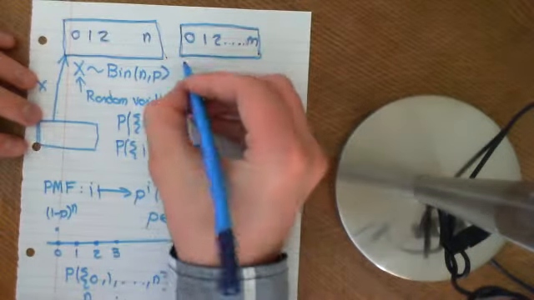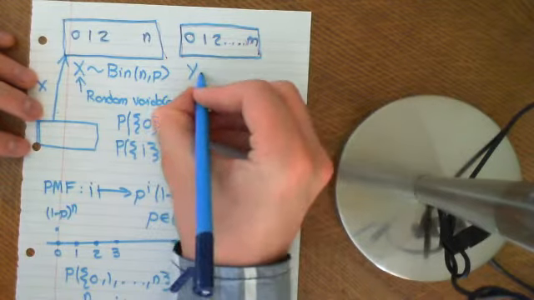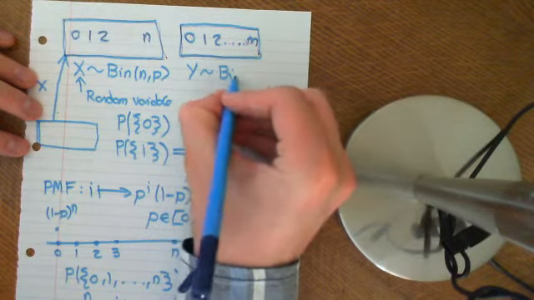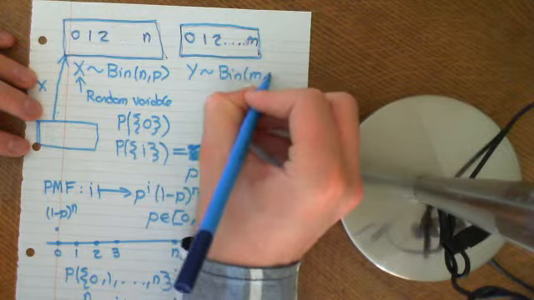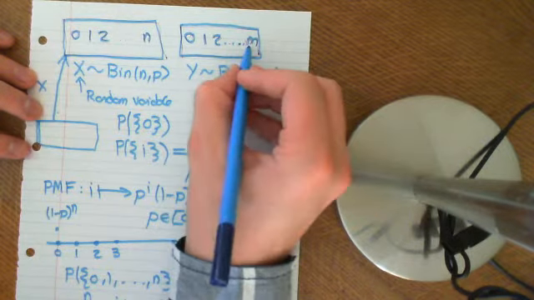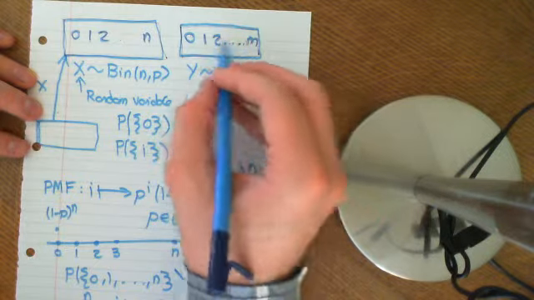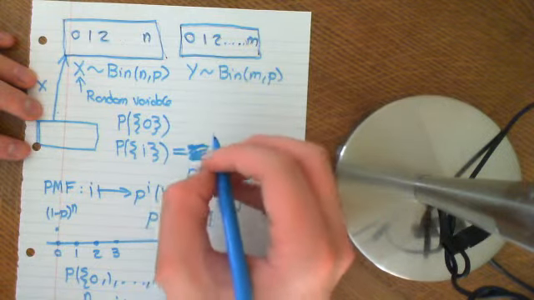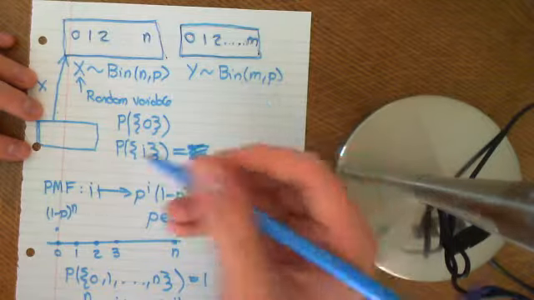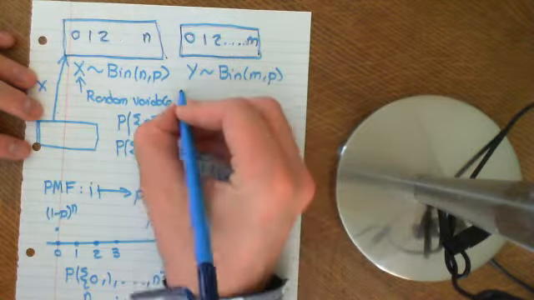So we've got this other distribution up here, which we could say Y is distributed binomially (m, p). So in this one you've got smaller numbers, and it will have a probability distribution on it as well, which we could describe via its PMF.